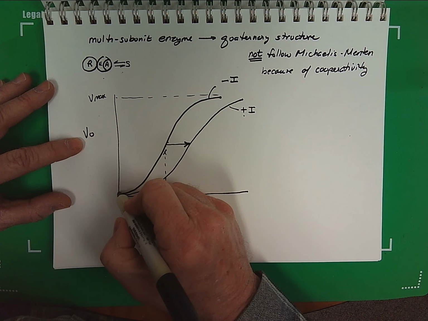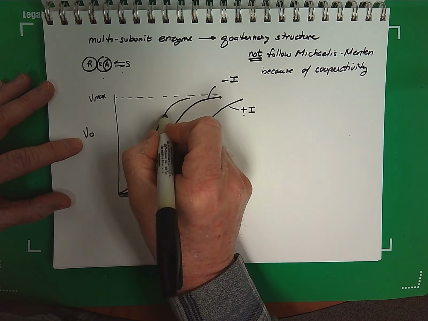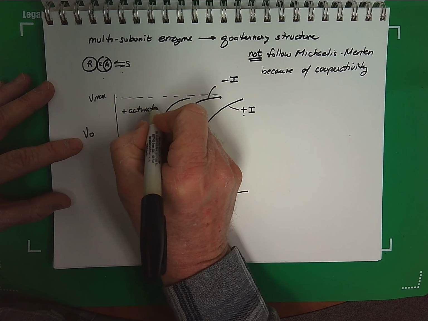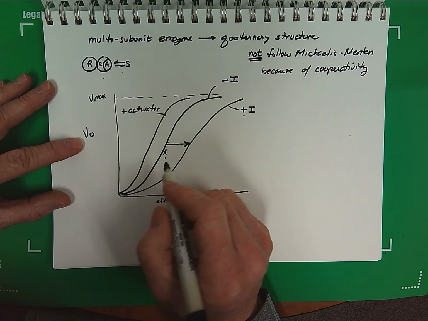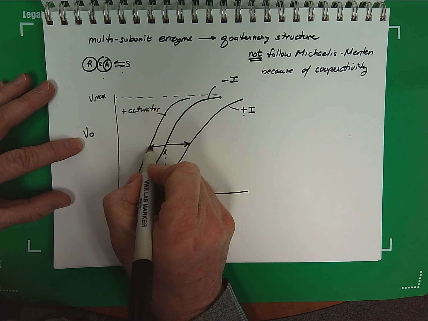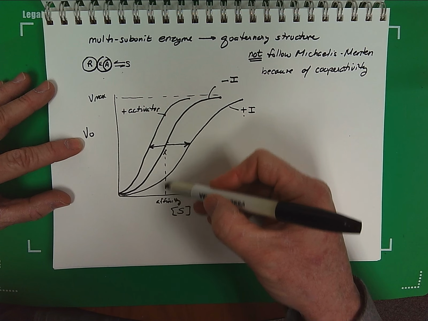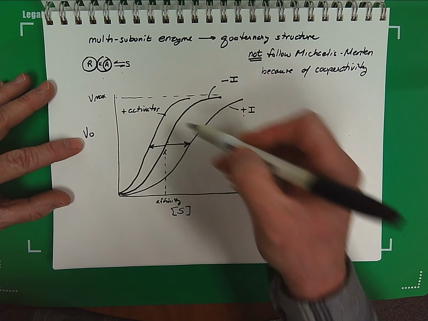Alternatively, we can also add an activator. Perhaps we want to increase the enzyme's activity. So now this will shift the curve to the left. Likewise, for the same amount of substrate, notice the increase in velocity of the reaction.